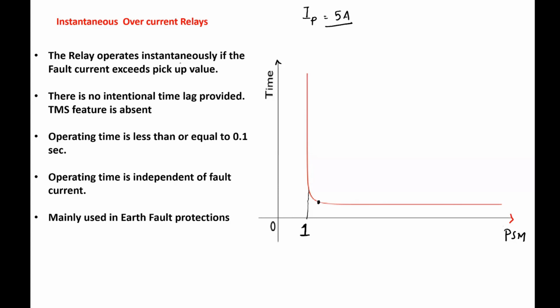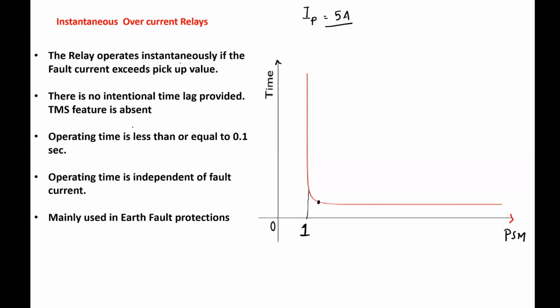At 1000 ampere also it will trip immediately. So the only criterion is that the current through the relay should exceed the pickup value. There is no intentional time lag provided. The time multiplier setting feature is not provided for instantaneous overcurrent relays.